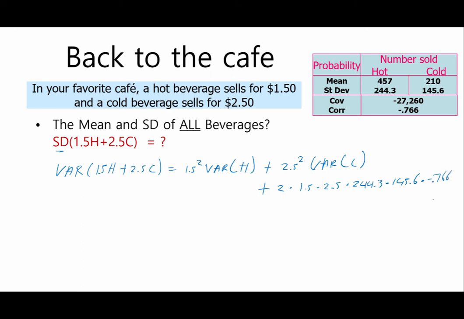Okay, so this whole thing is what we're looking for. It's going to give us the variance of total revenues.